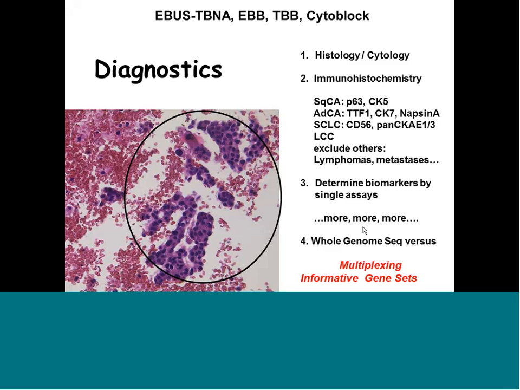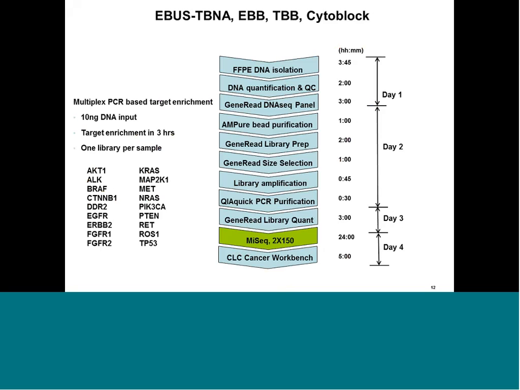So our idea was to step back from testing single biomarkers and single genes and rather go for testing all genes at the same time and finding out even the small subgroups of patients that qualify for specific therapy.